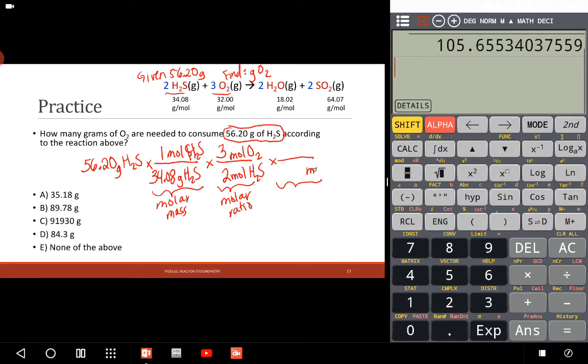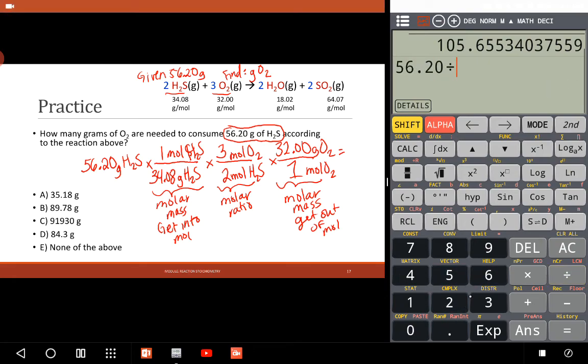So I need to cancel out moles of O2, and I need to get out of moles into grams. So now I need to use my molar mass to get out of moles. So that's going to be a 1 next to the moles, and then that's going to be 32.00 grams of O2.